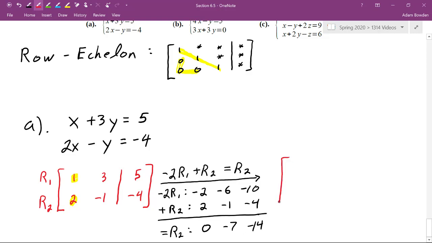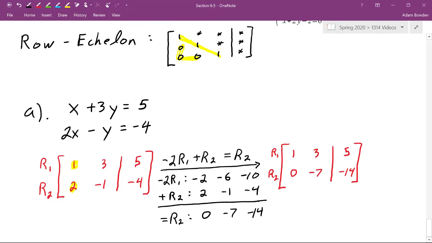So when I rewrite the matrix here, row 1 stays the same, but row 2 is the new row that I've changed. So that'll change it into 0, negative 7, and negative 14. So now I'm in the first step of row echelon form.